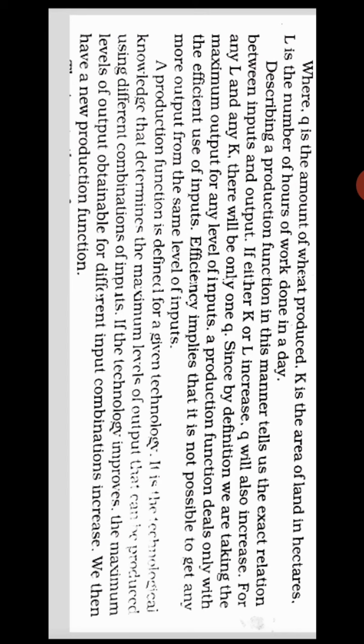Efficiency implies that it is not possible to get any more output from the same level of input. So we are going to make sure that if you are using 2 labors working for 2 hours and 1 hectare of land, we can get the maximum, that is 2 tons of wheat. So we are making sure that we will get 2 tons of wheat.